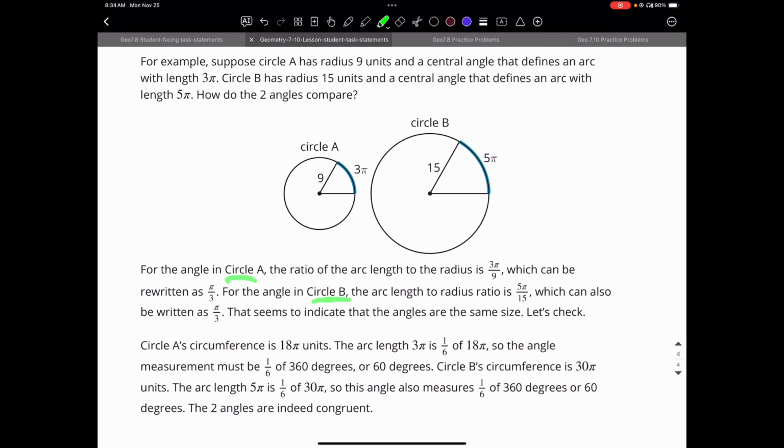That seems to indicate that the angles are the same size. So how can you check? Well, circle A's circumference is 18 pi units. The arc of length 3 pi is 1/6 of 18 pi. So the angle measurement must be 1/6 of 360, which happens to be 60 degrees.